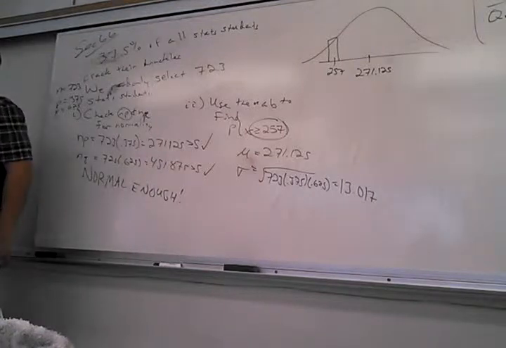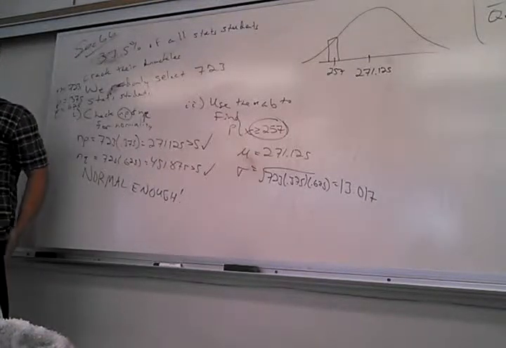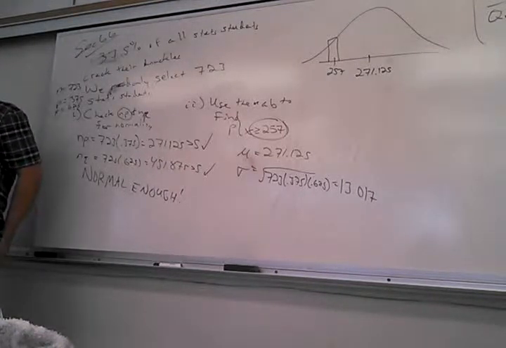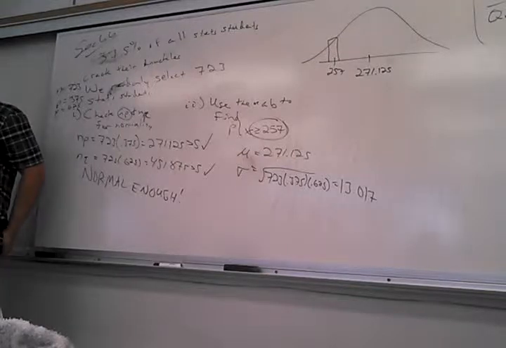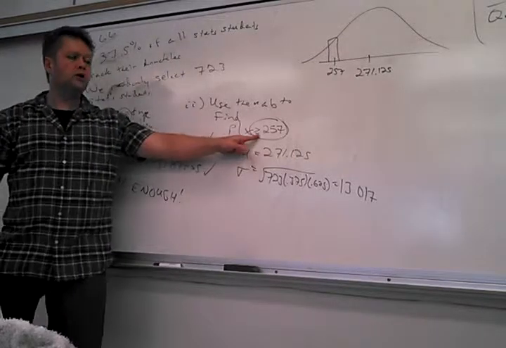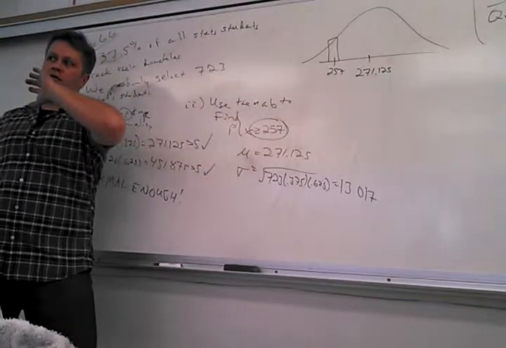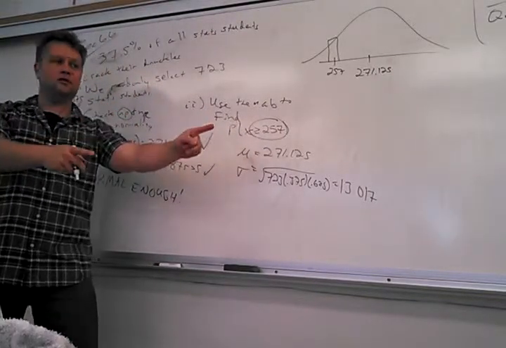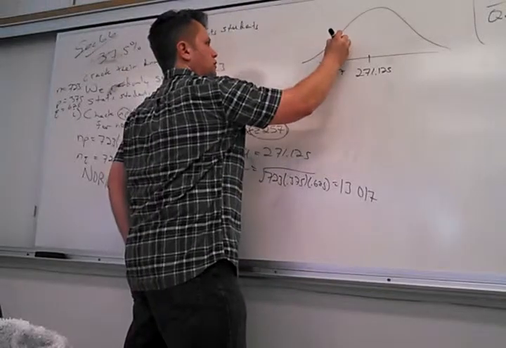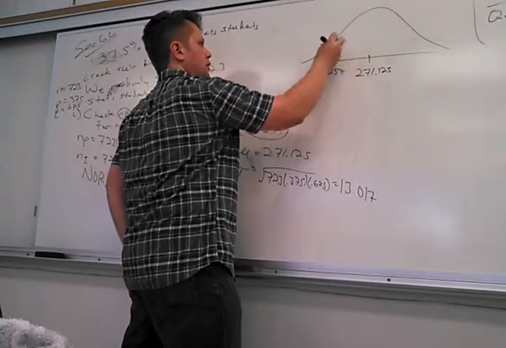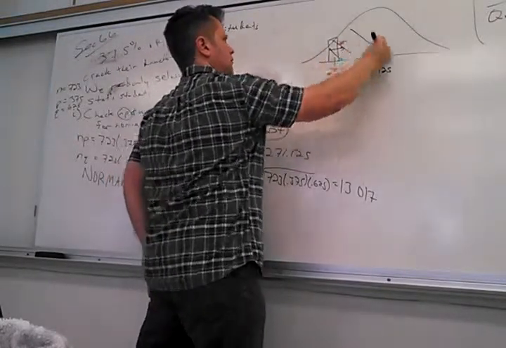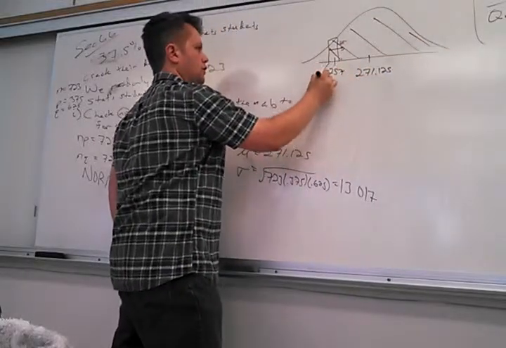Do I want to include that rectangle? Looking at the question, yes, I do. Greater than or equal to. And I want to shade to the right. So I don't want to start here because that would not include it. So I better start here and shade. So what number do I actually have to use?